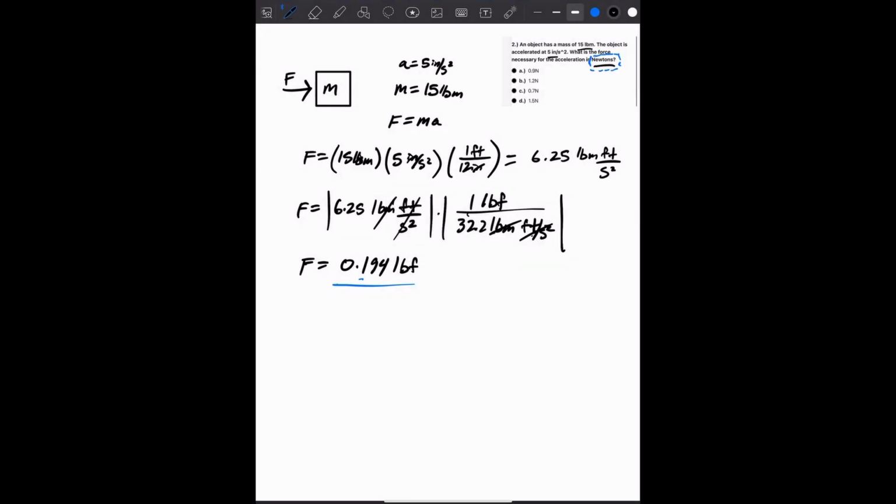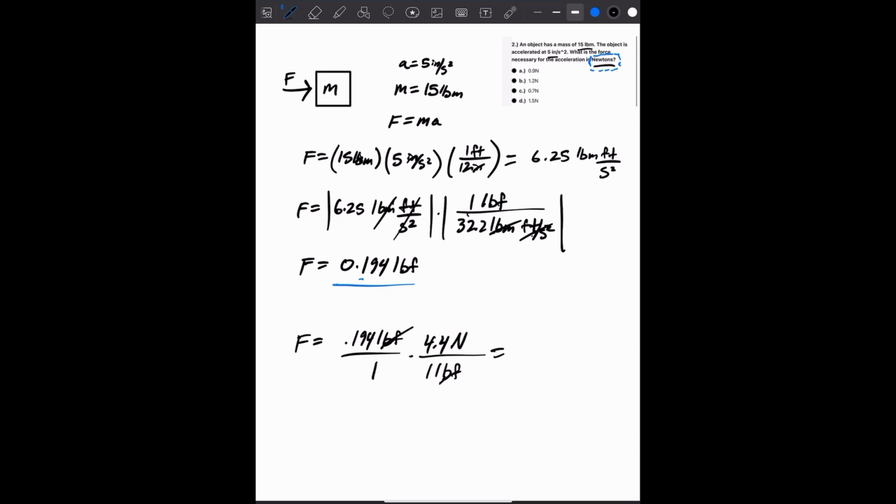So let's do this conversion. We can use a very simple conversion and say that 0.194 pound force, we can say 1 pound force is approximately 4.4 newtons.